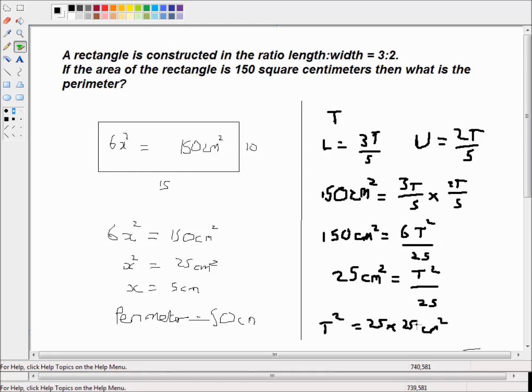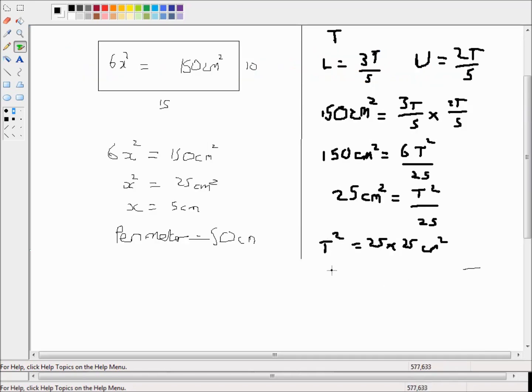Well, we don't need to multiply 25 by 25 because this is t squared. If we're going to take the square root anyway of both sides, well, a number multiplied by itself is the square, and the square root is the opposite of the square. So if t squared is 25 times 25, then t is equal to 25 centimetres.